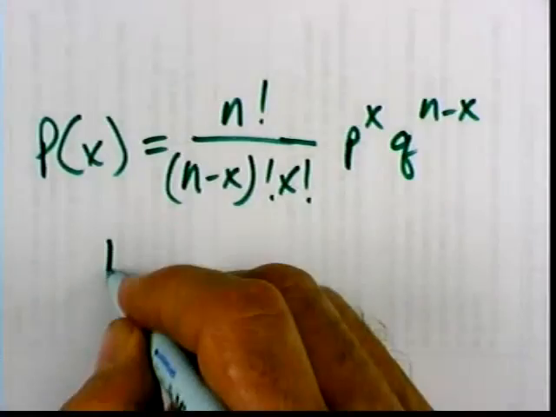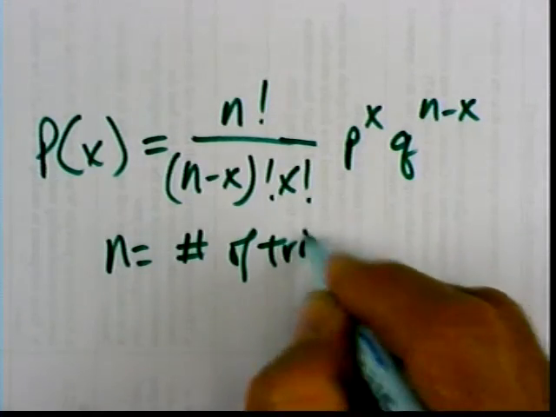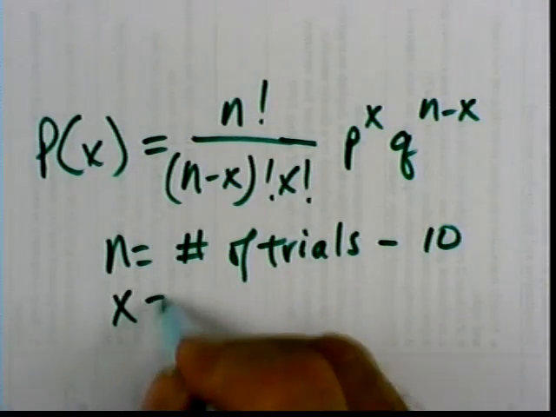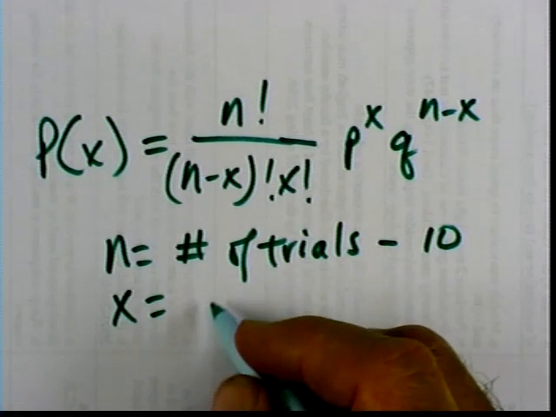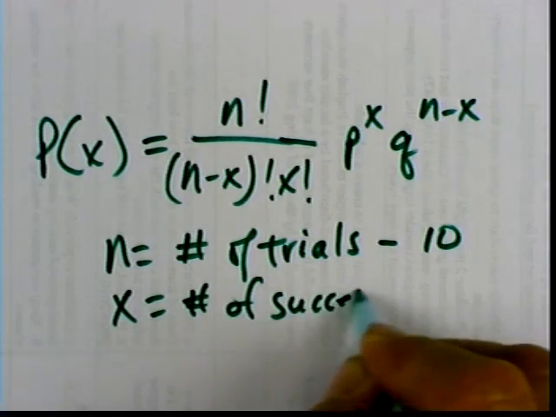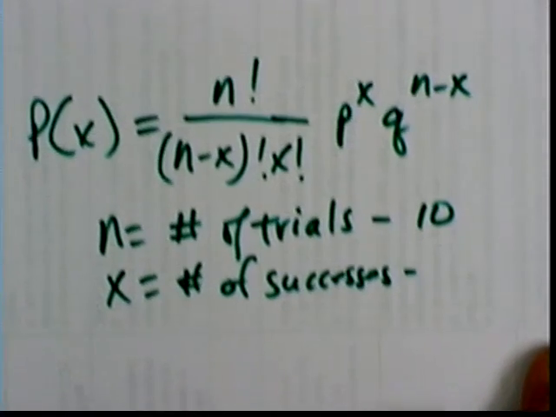So n is equal to the number of trials. So in the situation that we gave at the last of the session last time, there were 10 flips. X is equal to the number of successes, which was the number of heads that we got, which was 5.